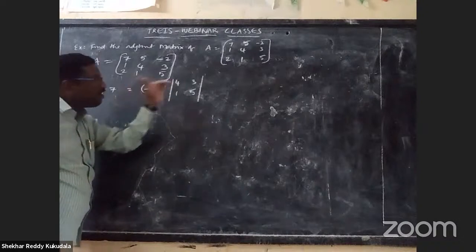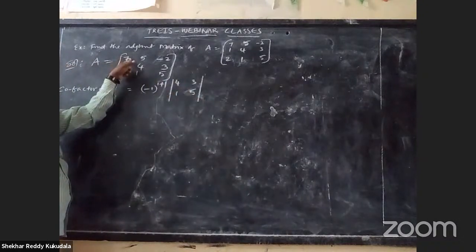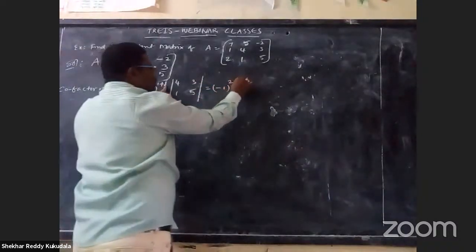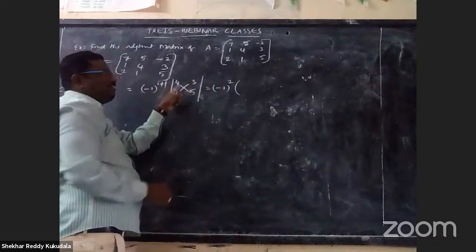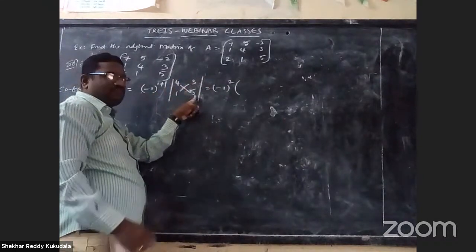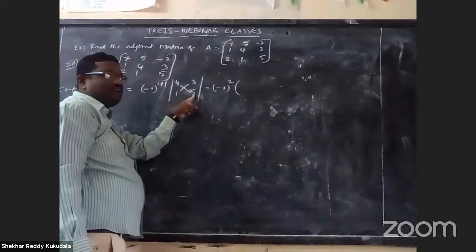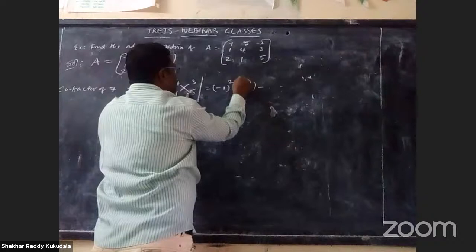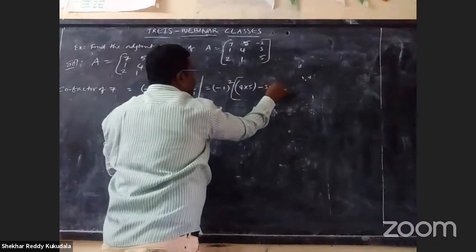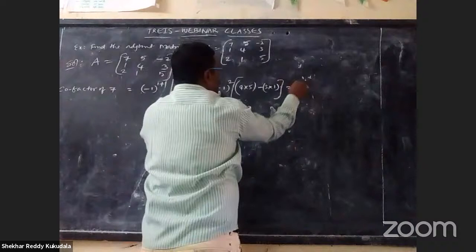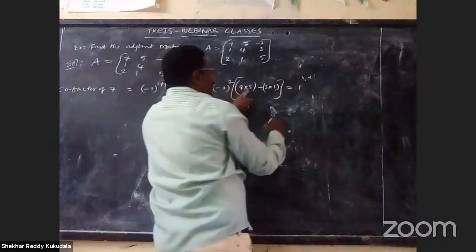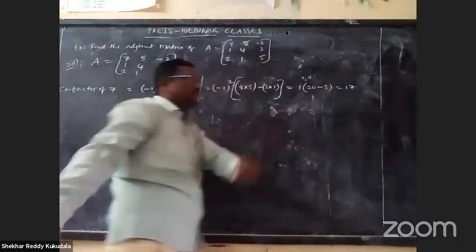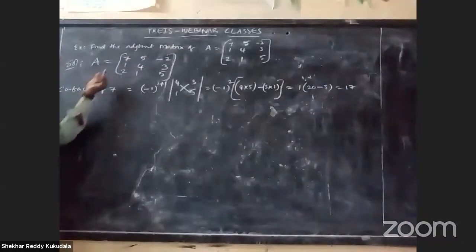The result you get is the cofactor of this 7. So which is equal to minus 1 power 2 into AD minus BC. Yesterday we studied that for a square matrix ABCD, its determinant is denoted by AD minus BC. So 4 into 5 minus 3 into 1, which is equal to minus 1 whole square is 1, 4 5s are 20, minus 3 1s is 3, which is equal to 17. 17 is the cofactor of 7.